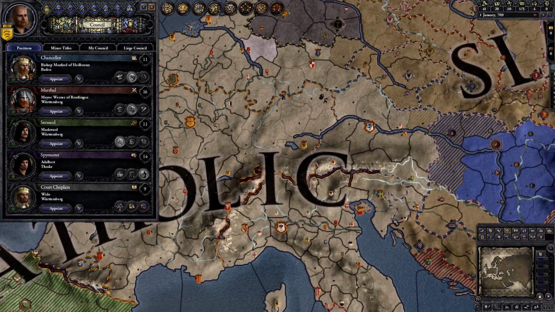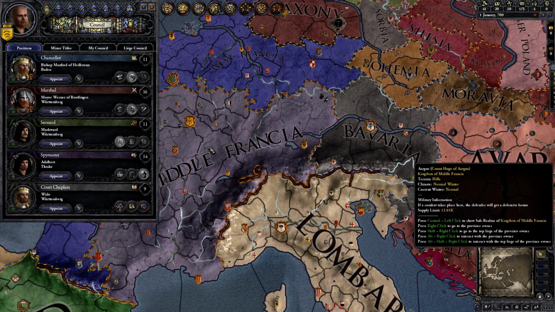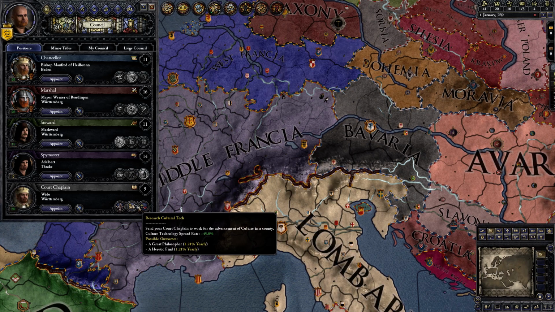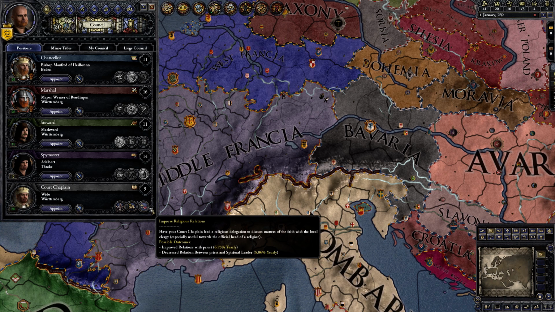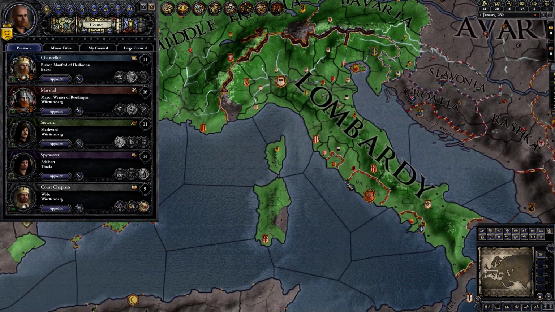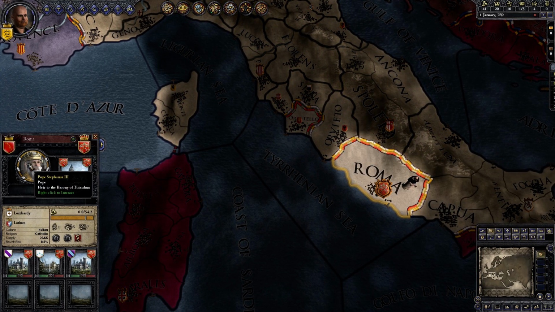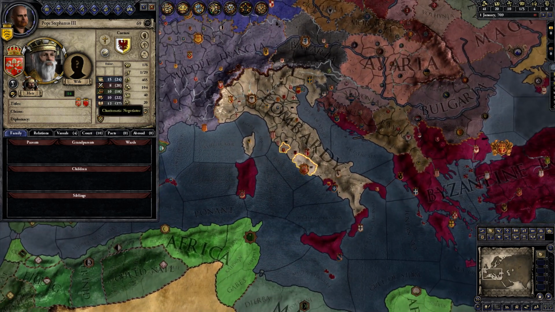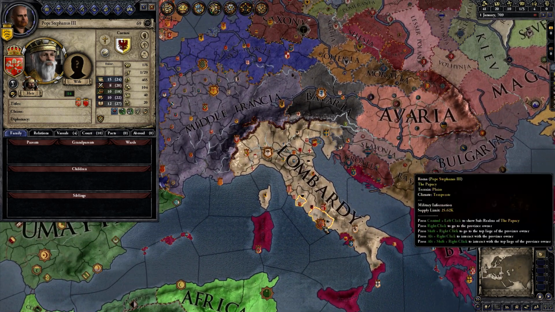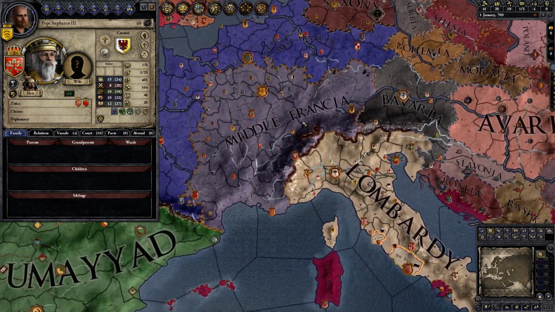So nothing to worry about here. Then we can research cultural tech, and we can improve religious relations, and we were going to do that with the Pope, because it's always good to be on the good side of the Pope.